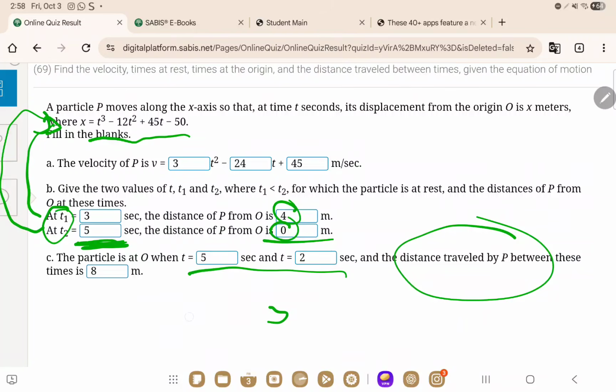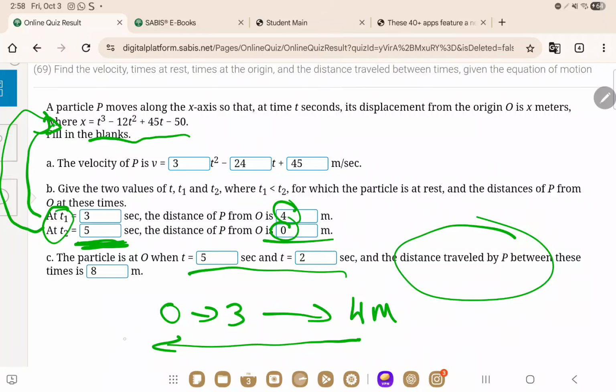We know that from 0 to 3 seconds, it traveled 4 meters. And between 4 seconds and 5 seconds, it traveled back another 4 meters, back to the origin. So it went from the origin in 3 seconds and reached 4 meters, and by 5 seconds, it went back to the origin.